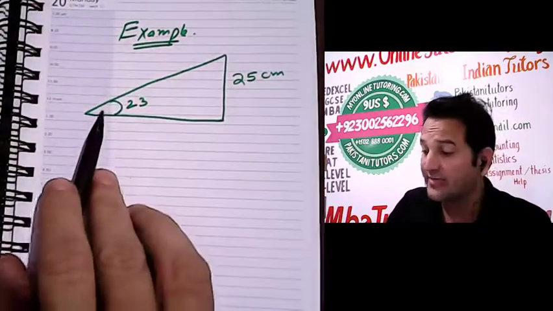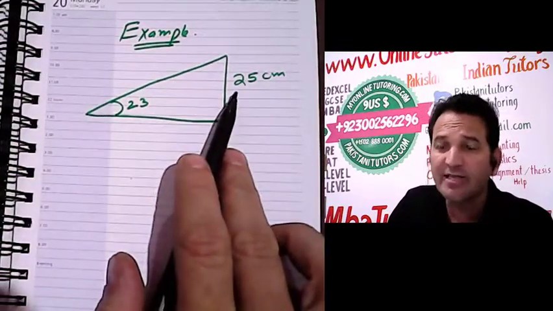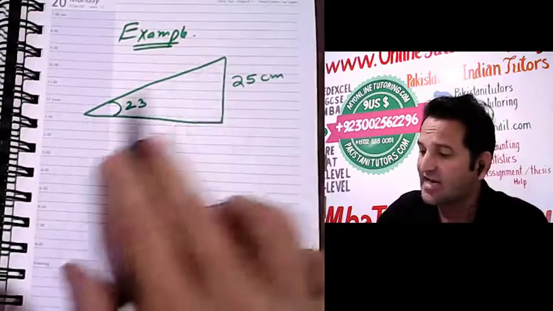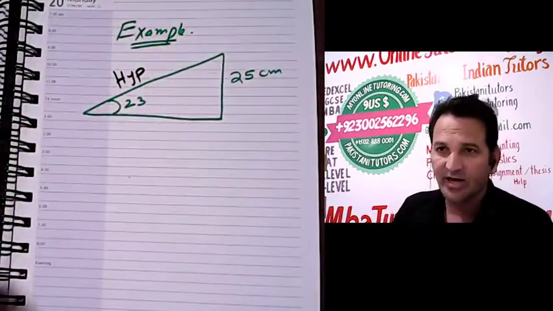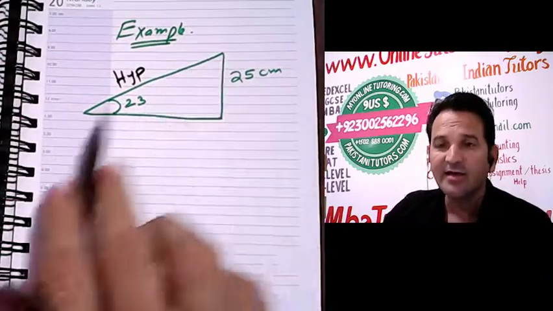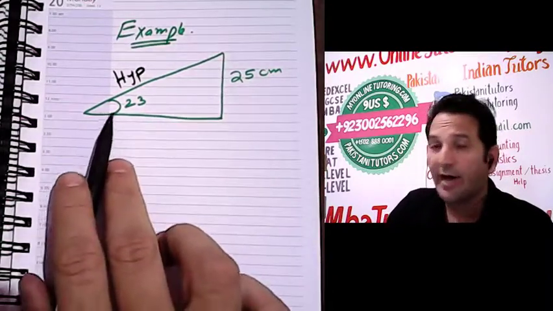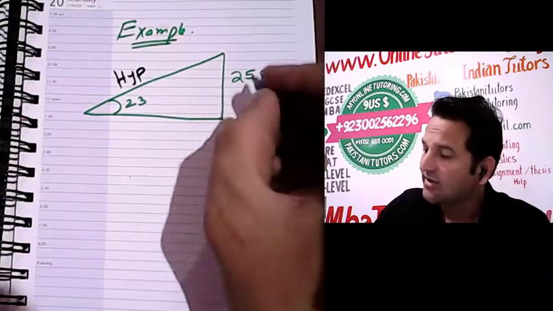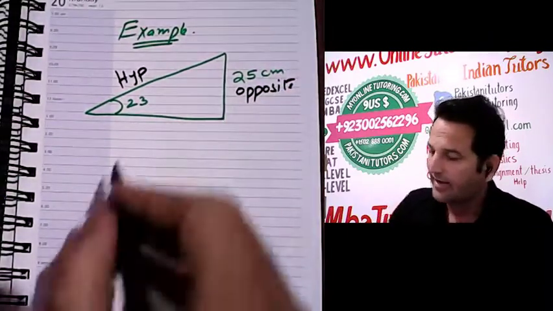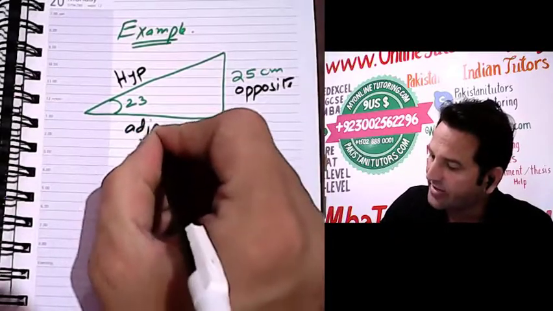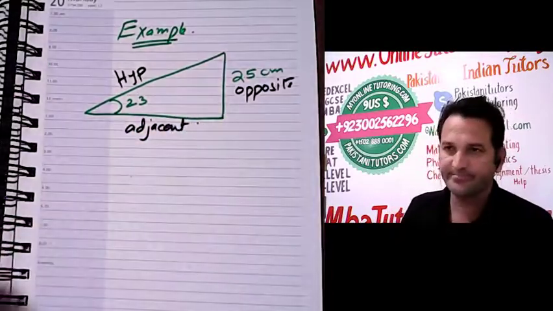Now on the basis of this angle, what do you call this side? The longer side will always be the hypotenuse. The opposite side of the angle will be called opposite, and this side will be known as adjacent.